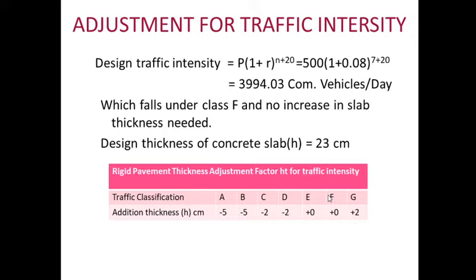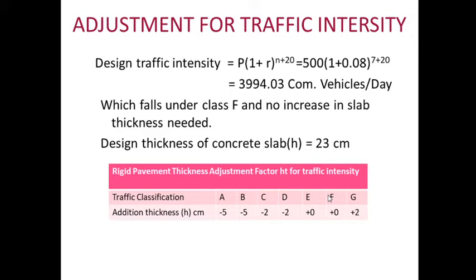Yes, this is the table which shows the adjustment factor. So traffic classification A to G, with additional thickness as the adjustment factor. If the traffic is class A, the thickness should be reduced by 5 centimeters. Why are we reducing the slab thickness by 5 centimeters?